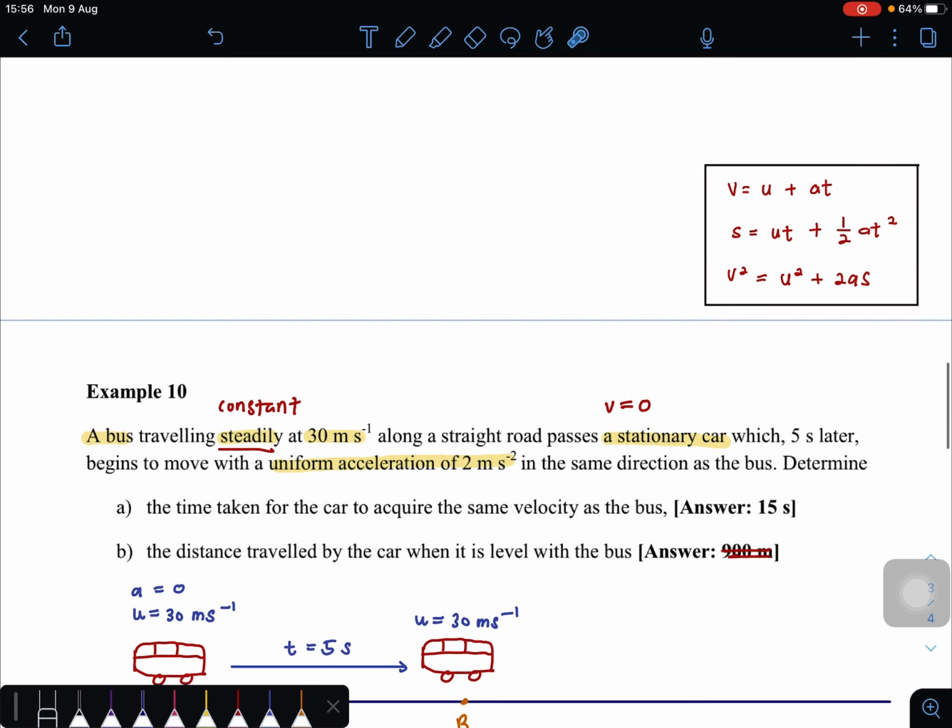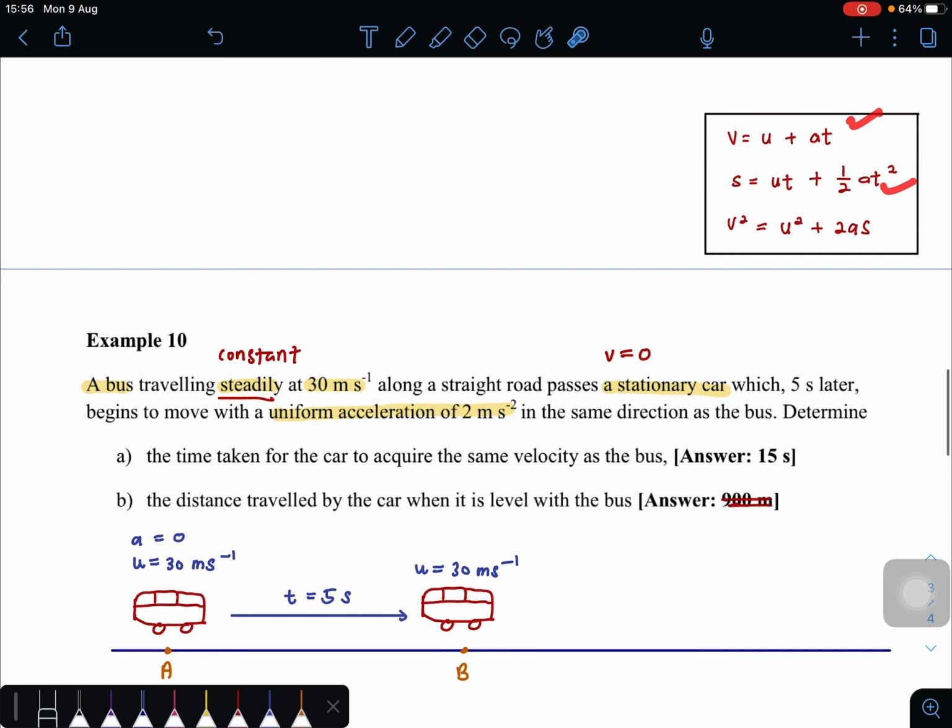Okay, so since we want to find T, time taken, the third equation is not valid because we don't have T here. Okay, we either use the first or the second one. So which one are we going to use? Since for the second one, we need to have the value for displacement, which we don't have, and it's not given, and it's impossible for us to find it, meaning that for the second one we cannot use this equation.